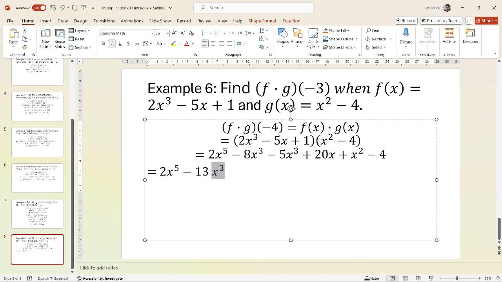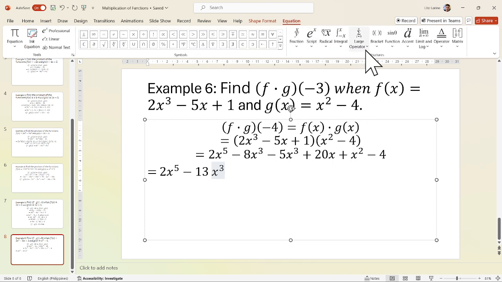Then plus x squared, plus 20x, minus 4. So this is now the product of our two functions: 2x to the 5th minus 13x cubed plus x squared plus 20x minus 4.